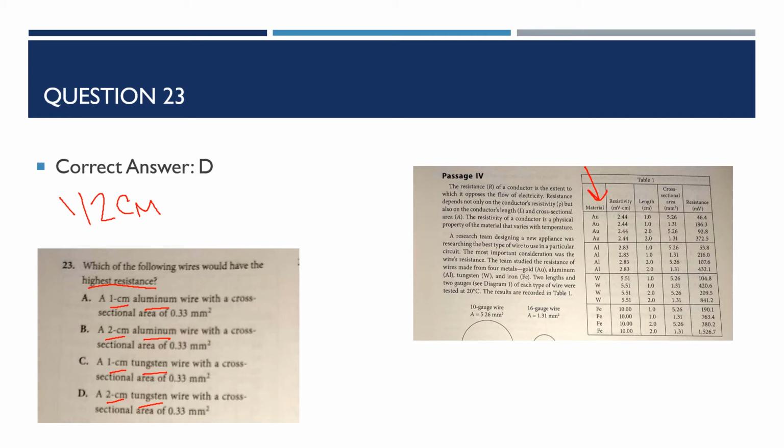So how are we going to figure out which one is which? Well, if your student knows his or her symbols, it's really easy. We know that W is tungsten, and then we know Al is aluminum.